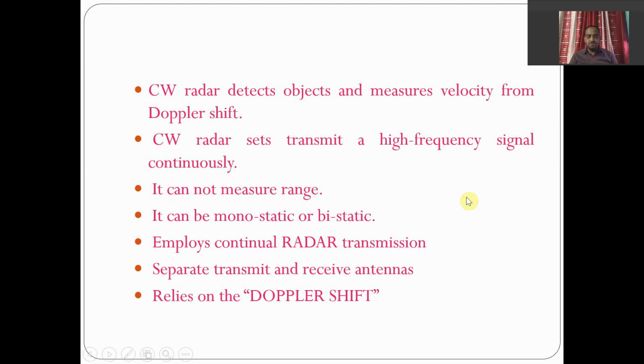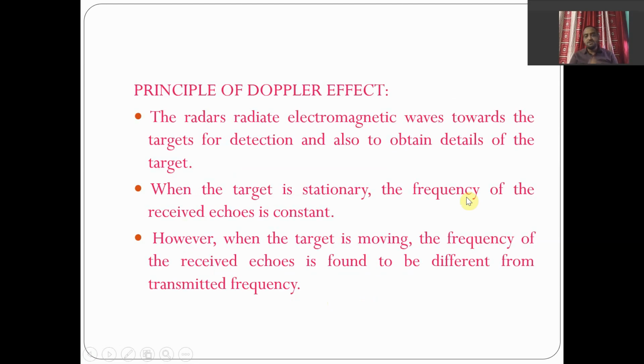Now, the principle of this Doppler shift is, when the target is stationary, the frequency of the received signal echo will not have any change. If it is changing, then we can say the Doppler effect has come into effect.